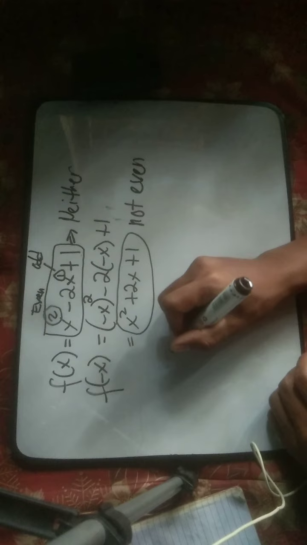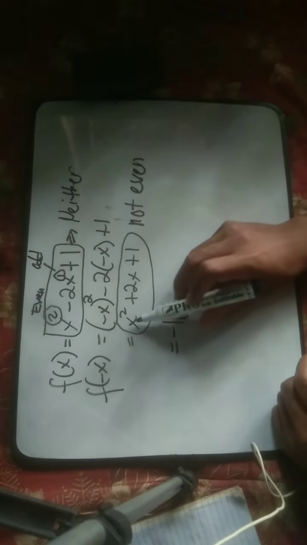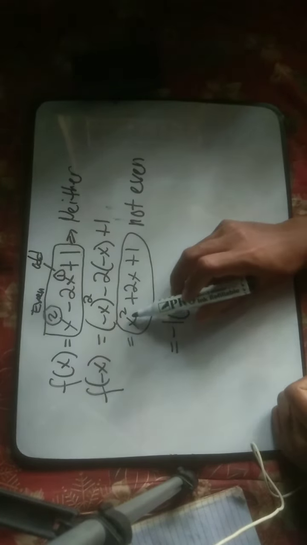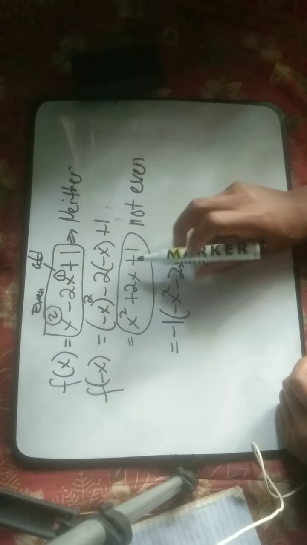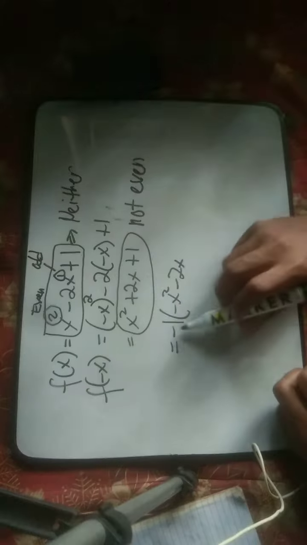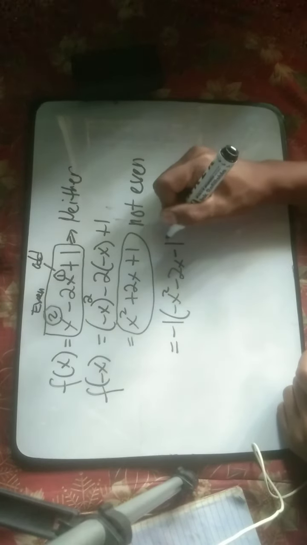And if we try to factor out negative 1, negative 1 times x squared is negative x squared, multiplied by positive 2 becomes negative 2x, and negative 1 times positive 1 is equal to negative 1.